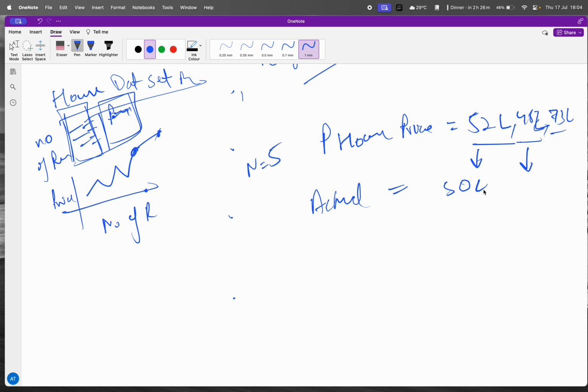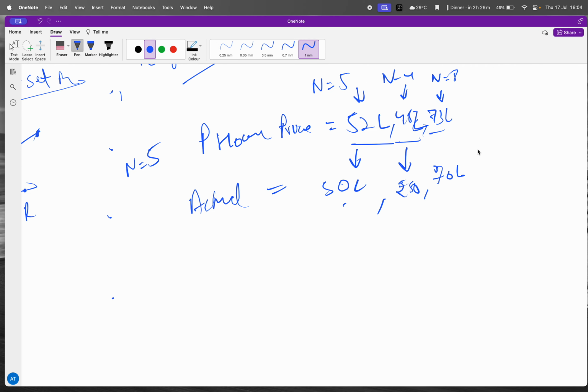For the next, again 50 lakh, and for the last, 70 lakh. Are you getting what I'm writing over here, or should I write it more clearly?